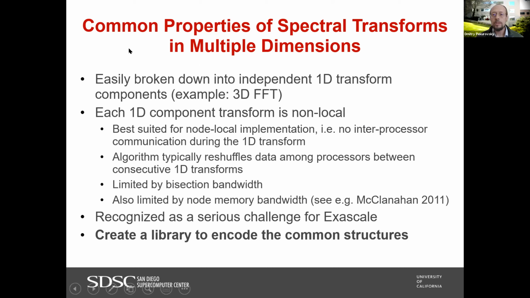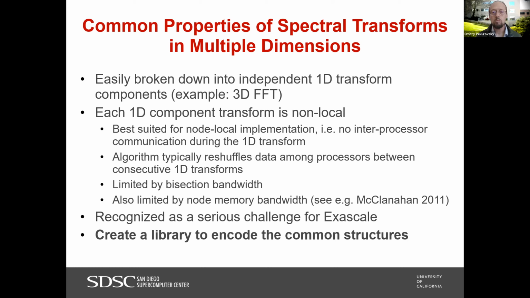There are some common properties of the spectral transforms, namely that they are easily broken down into independent one-dimensional transform components. For example, the 3D FFT is broken down into independent 1D transforms. Each 1D transform is essentially non-local, so it's best suited for node-local implementation where no inter-processor communication takes place.